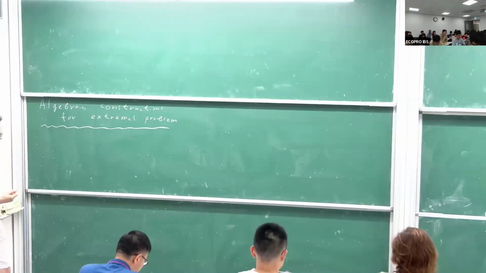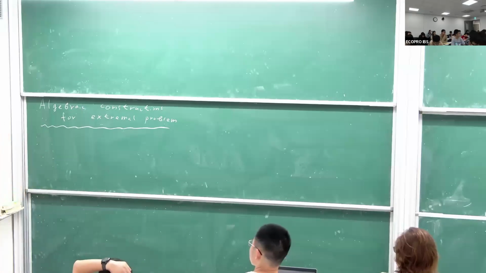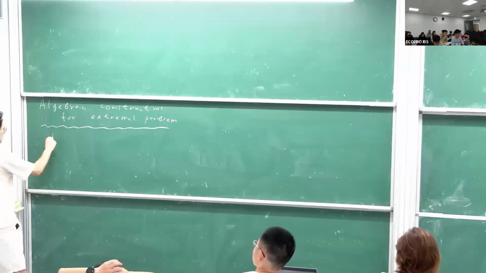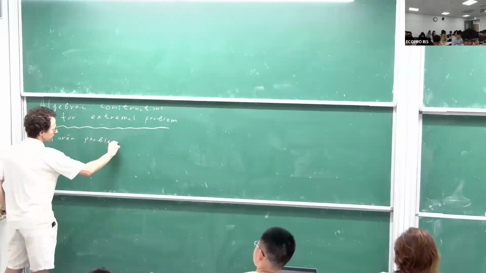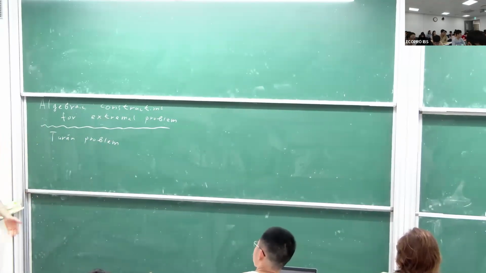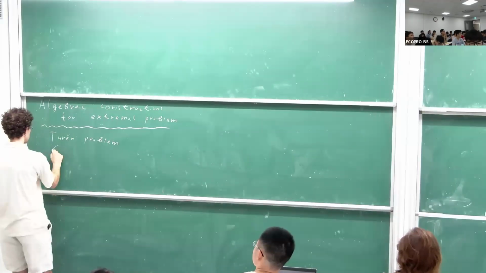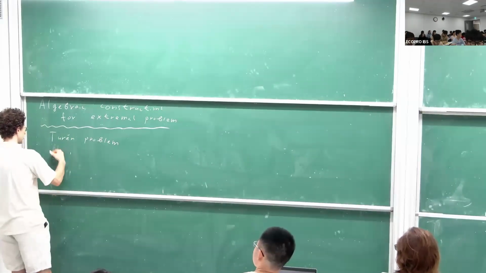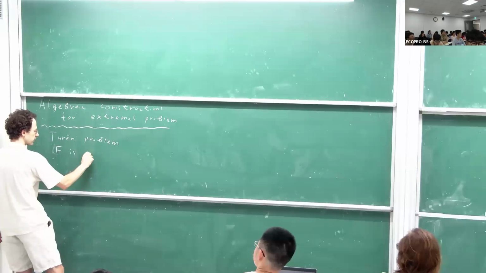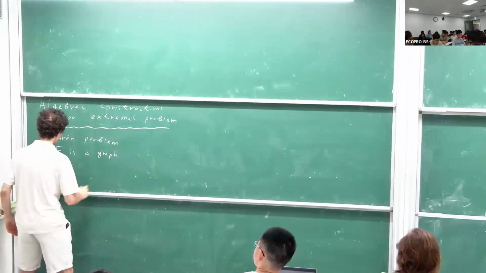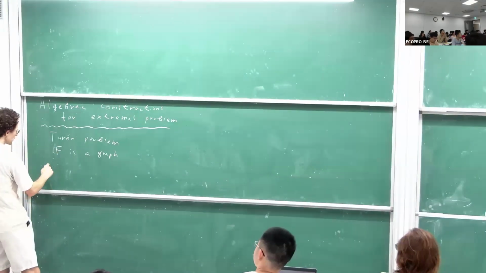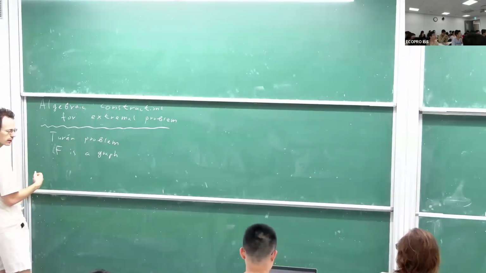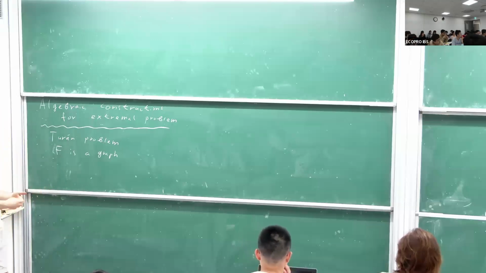So let's look at what's called a Turán problem. So what's a Turán problem? We have some forbidden graph F. And we want to find some graphs G which don't contain a copy of F. Not containing a copy means as a subgraph, not an induced subgraph, not as a minor, not a subdivision, as a subgraph.